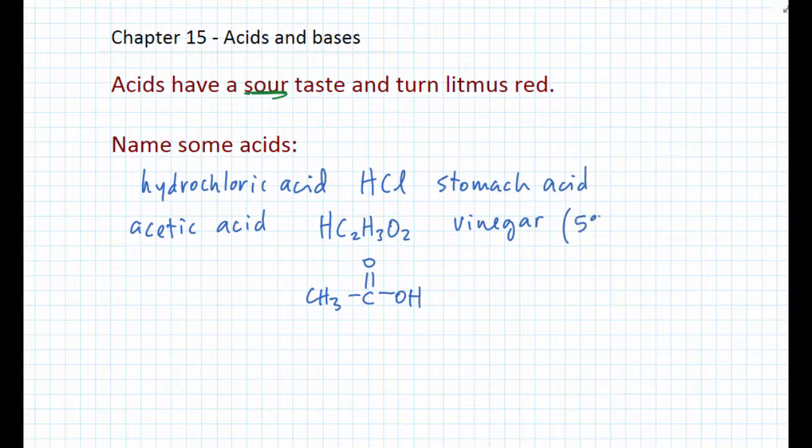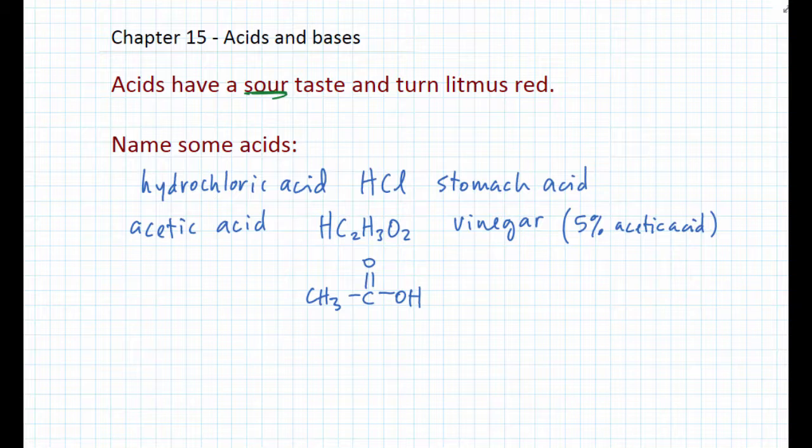No, vinegar is just 5% acetic acid. I mean, acetic acid, 5% solution in water, and that's pretty much what vinegar is. Okay, but that's the structure of vinegar. It's usually written HC2H3O2 for a couple of reasons.